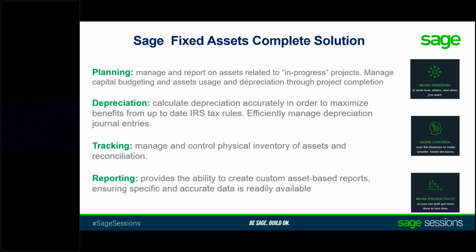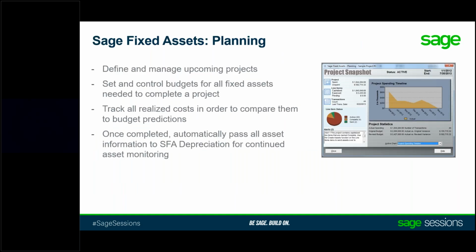So let's go a little deeper into the planning module first. So in the planning module, you will be able to manage multiple projects at once. You can set an original as well as a revised budget for these projects and be able to track your spend against both sets of numbers. So the picture you're seeing on the right is actually a snapshot which you can have open when you're opening any of your projects, where you can see some basic information about what's going on with that project.